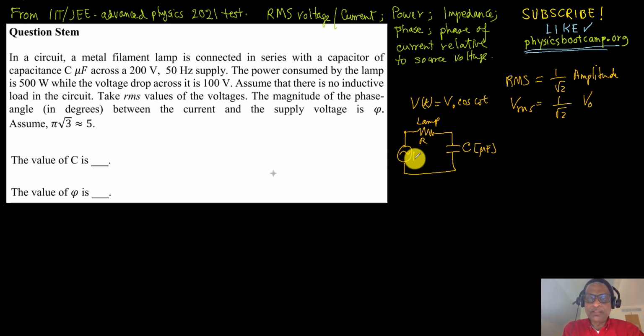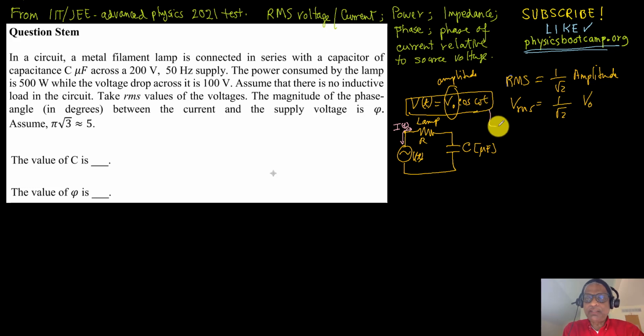So this will be a source voltage which has a function like that. So this is called amplitude. And in here you will have current, sometimes going in one direction, sometimes in the other direction. So the current also depends on time.